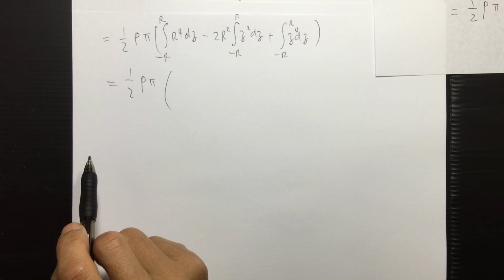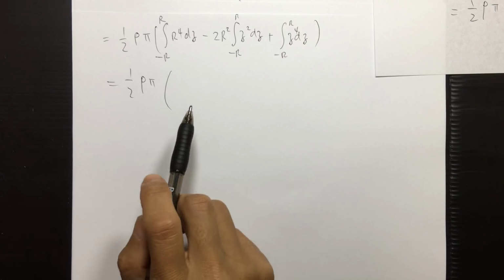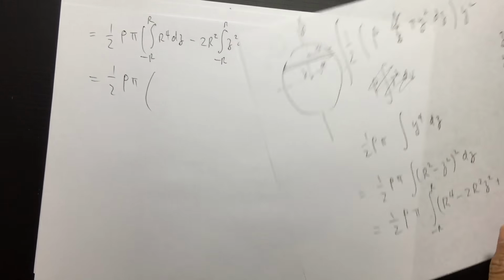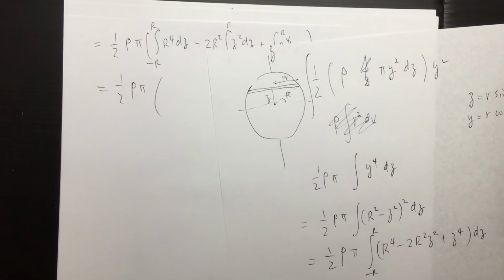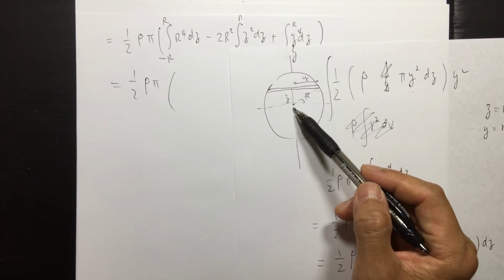What? Say that again. I didn't even understand it. Okay, so the integral of it is R to the power of 5 divided by 5, right? No, it's a Z. R is the diameter of this thing. It's a constant.